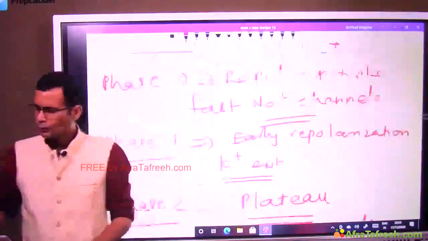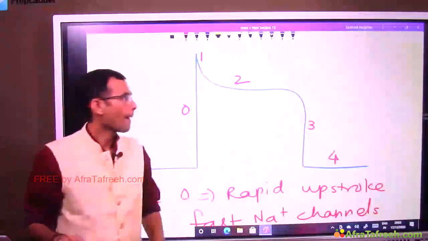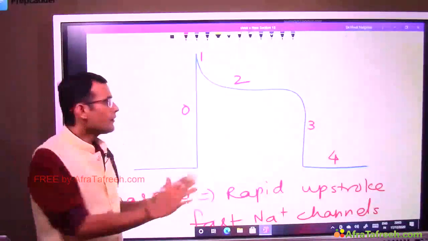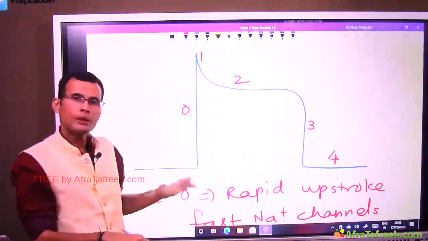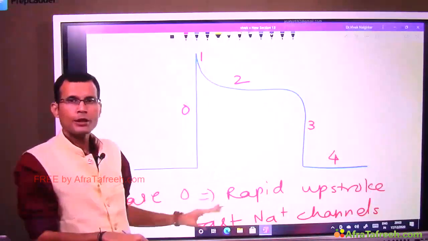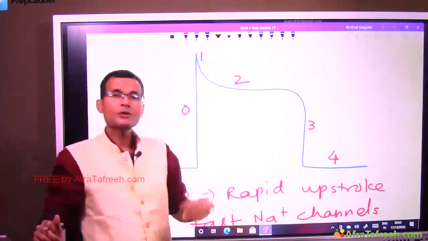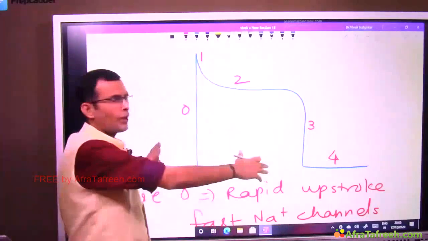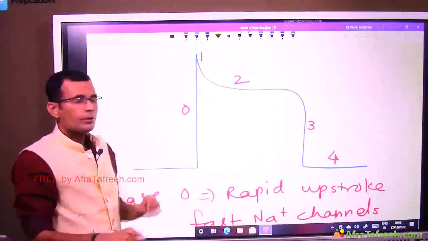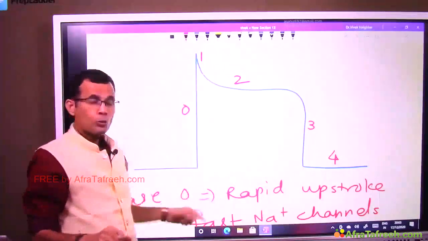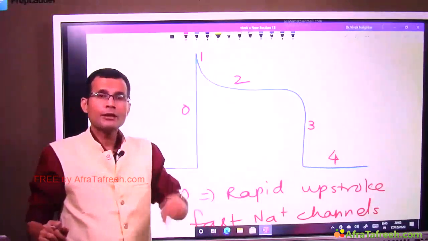I just need to add a point here. Look, we are interested in having a long action potential in the Purkinje fiber. We don't want its rhythmicity to be very high. So we want a long action potential. We want a long refractory period. So this slow calcium influx helps.